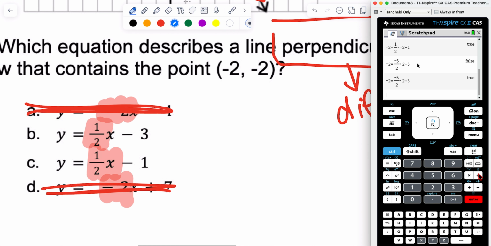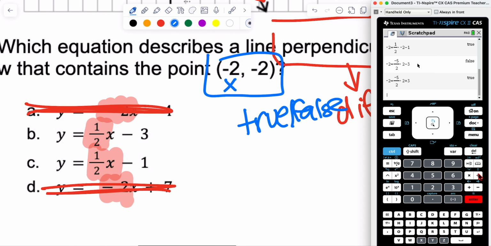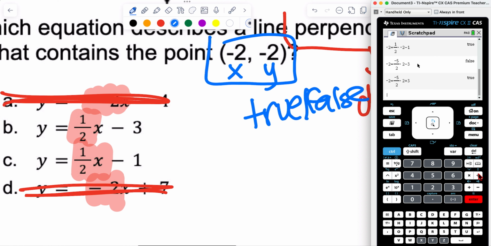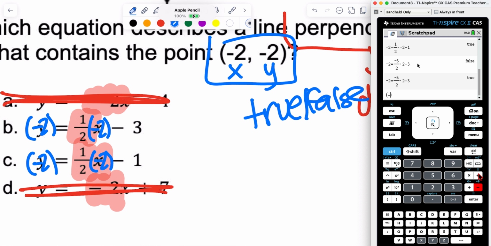So now I'm going to try true, false with this point. This is my x, this is my y. So anywhere I see x, -2. Anywhere I see y, -2. So I'm going to plug those into my calculator exactly how I see them. Parentheses, -2, parentheses, equals, control divide, 1/2, parentheses, -2, minus 3, enter, and that gives me false.